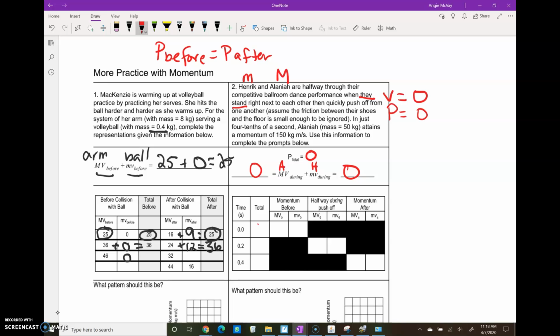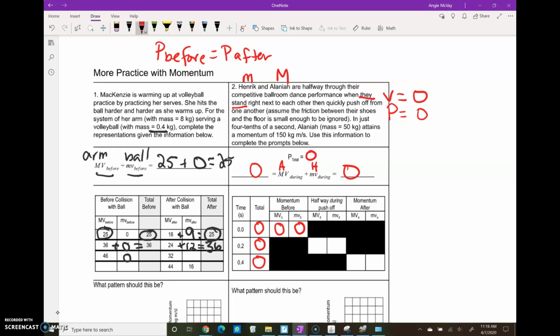At any point during the time that Alanya and Henrik are pushing off against each other, their total momentum is 0. Before they push off, neither of them has any momentum. Halfway during the push off, their total momentum needs to be equal to 0.